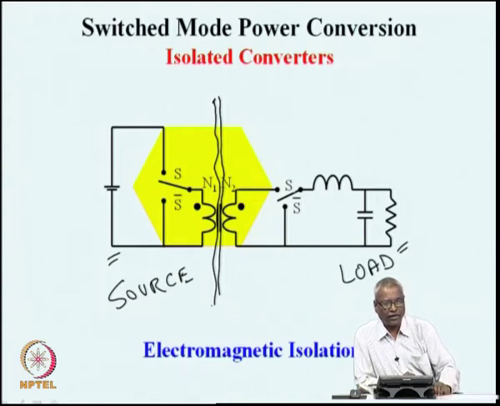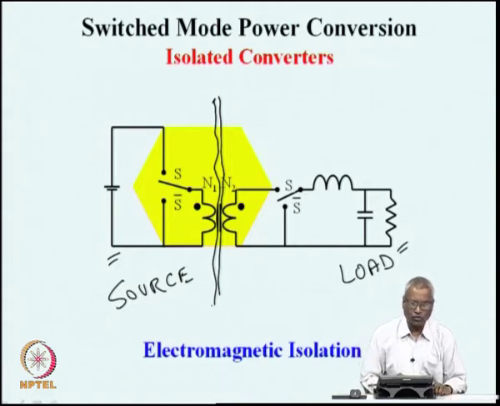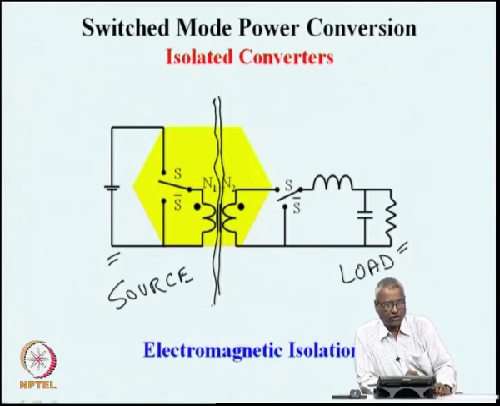They are also called galvanically isolated power converters because there is no direct electrical connection between the source circuit and the load circuit.